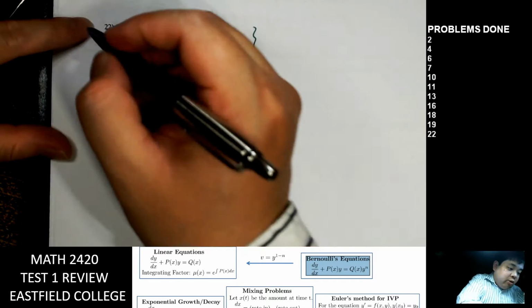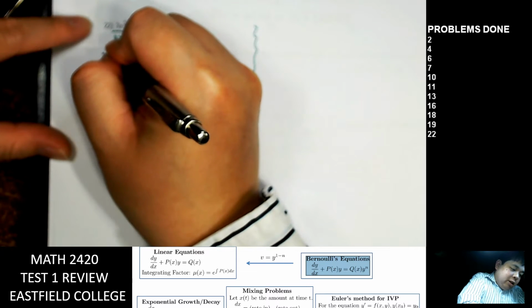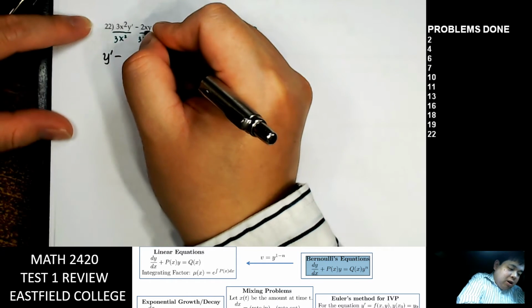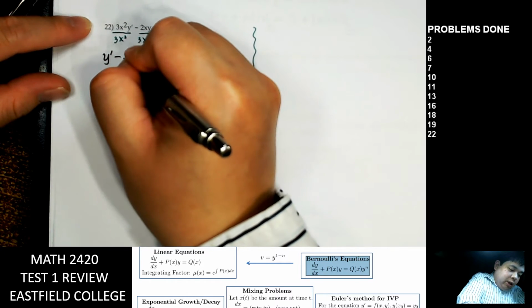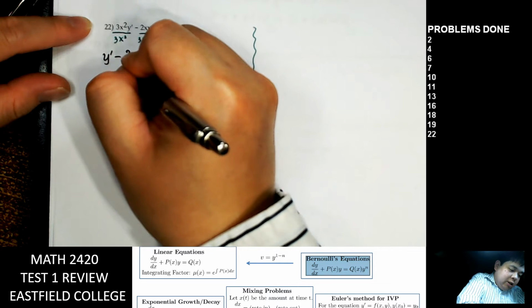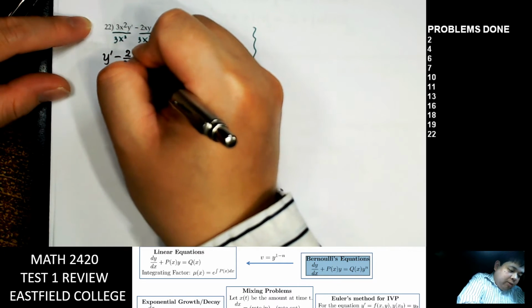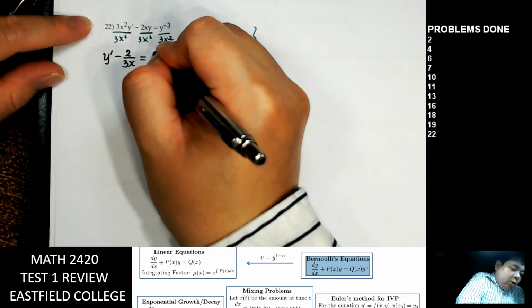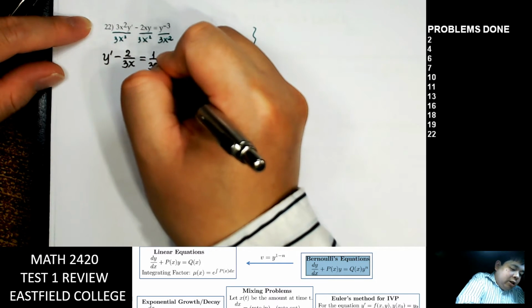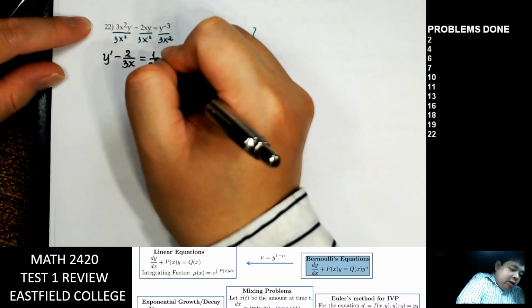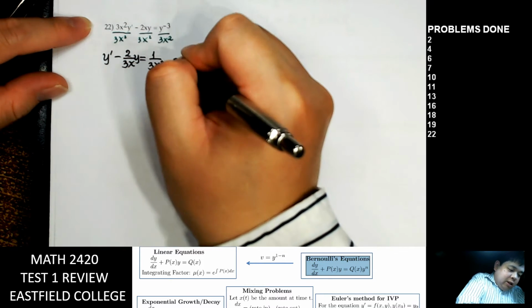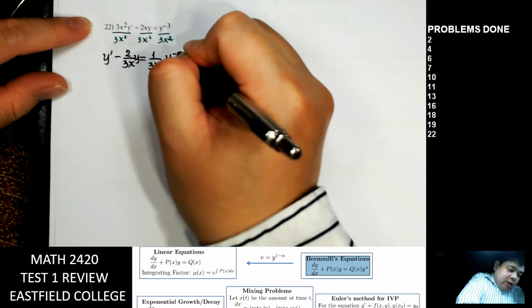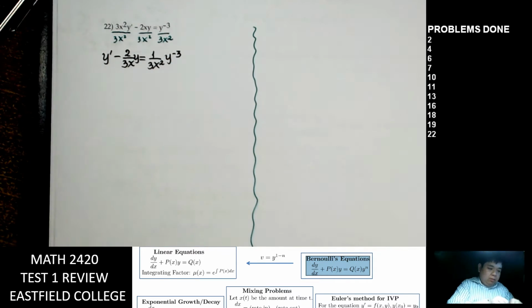So we get the standard form: y prime minus 2 over 3x, x at the bottom, equal to 1 over 3x squared, but there's a y here of course, then y to the negative 3. Right, so we have to write it in the right form.